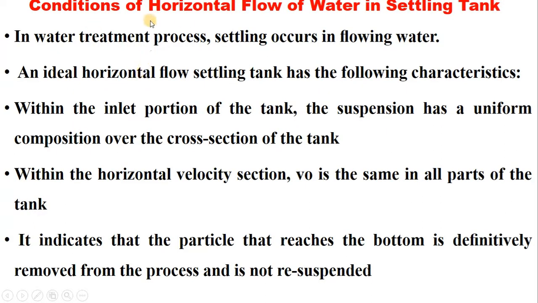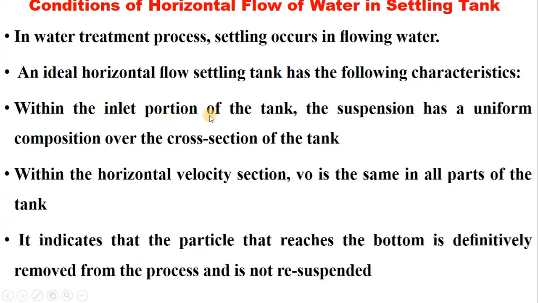So now, the conditions of horizontal flow of water in a settling tank. In water treatment process, settling occurs in a flowing water. An ideal horizontal flow settling tank has the following characteristics.